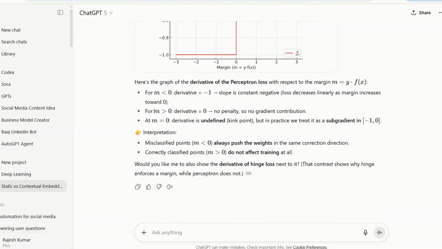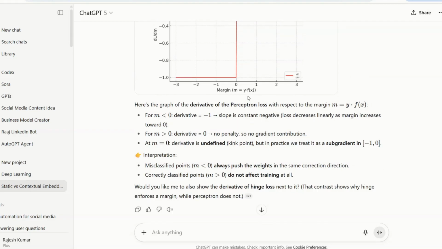So this is the concept. You can see that for m negative, I mean when y times f(x) is negative, for the error point, the derivative is -1. It means that the slope is constant negative for all points from -infinity to 0. The change is negative, which is a constant.